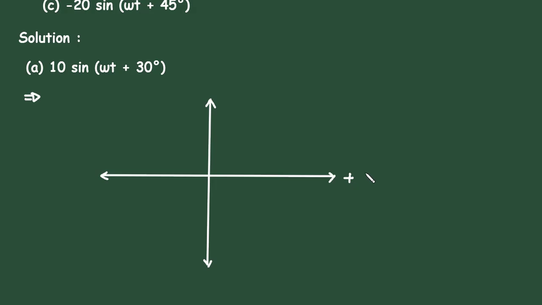Here this is plus cos omega t and this is plus sin omega t. This is minus cos omega t and this is minus sin omega t. And this is the very easy way to remember the formula.